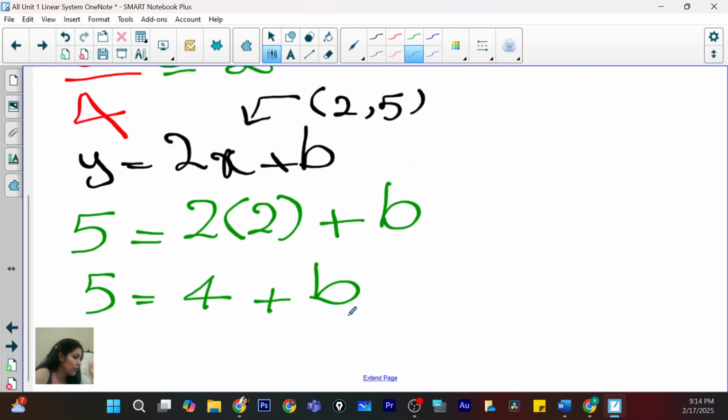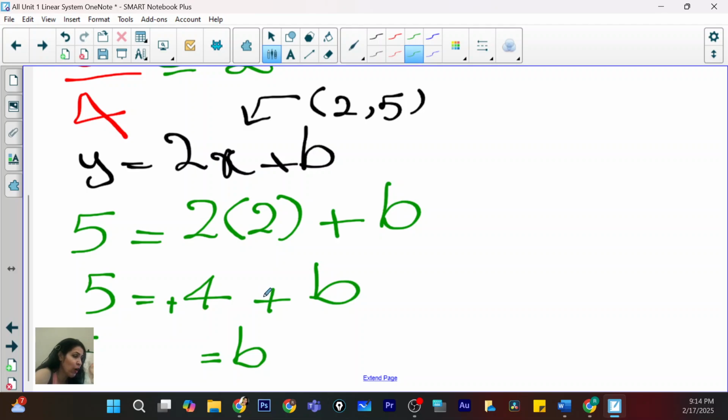So we want to find b. We isolate b. So move 4 to the other side. So as a result, b is equal to 5. This is positive. When we move to the other side, it becomes negative. Because this is 4 plus b.